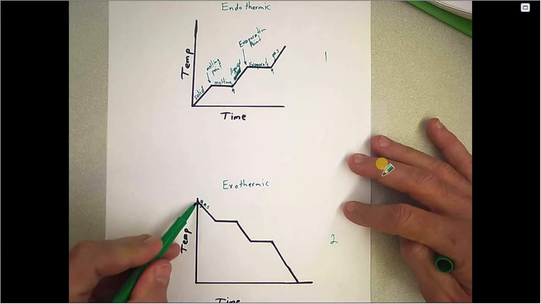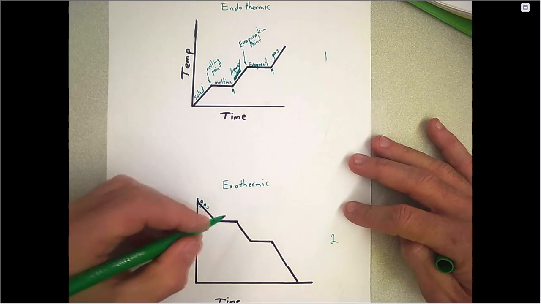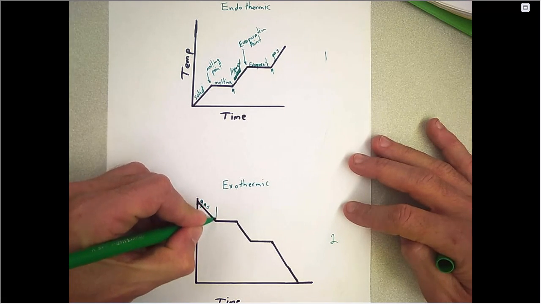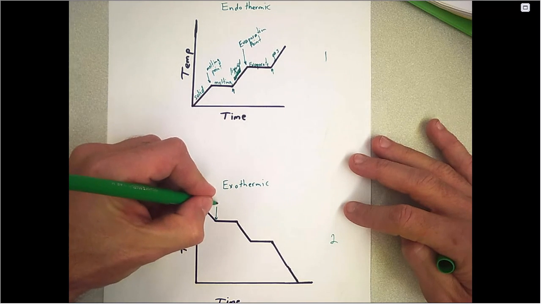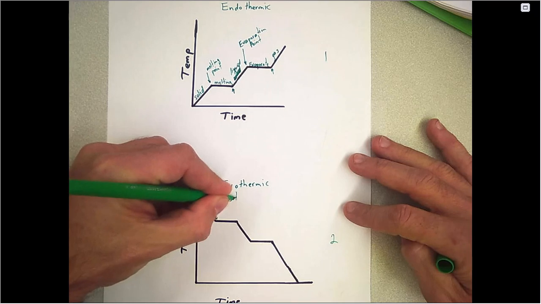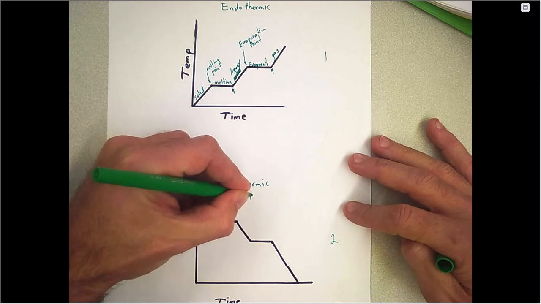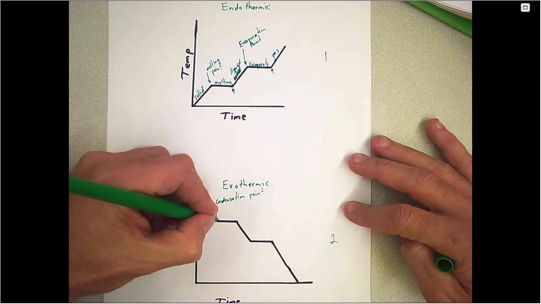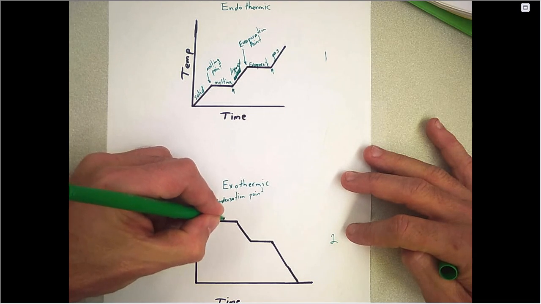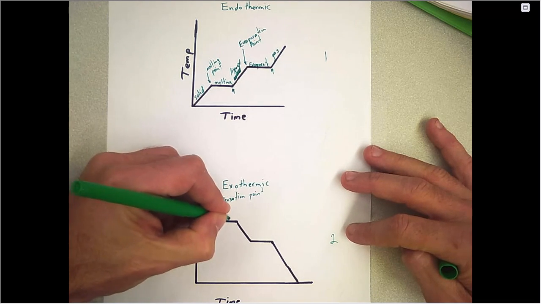And the gas is cooling down. Once the gas has cooled down enough, right when it starts to condense is the condensation point. And all along this plateau, the temperature remains the same, condensation.